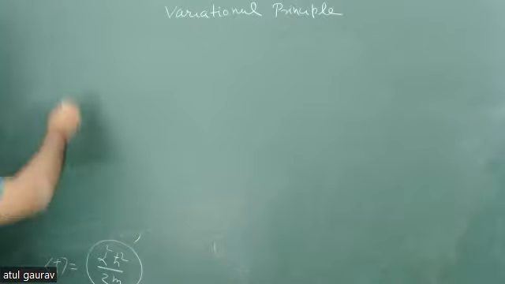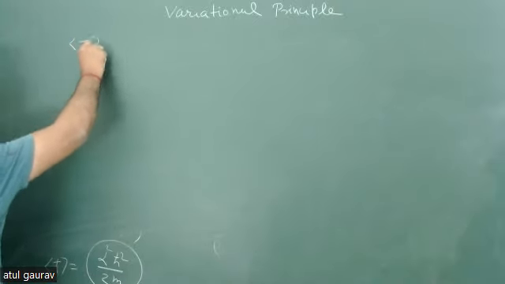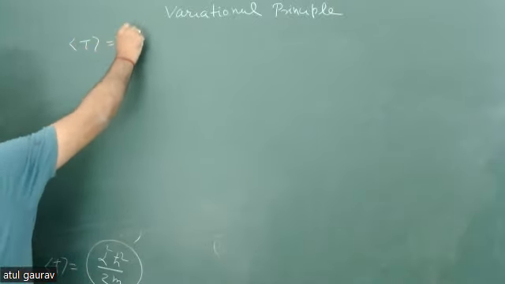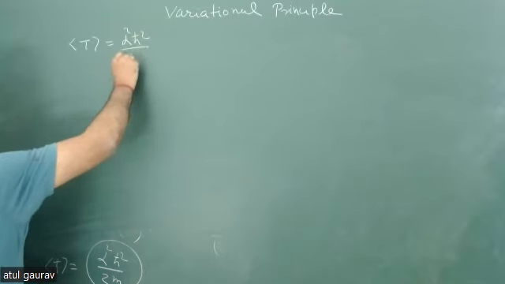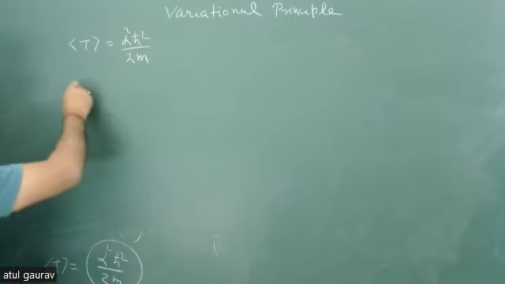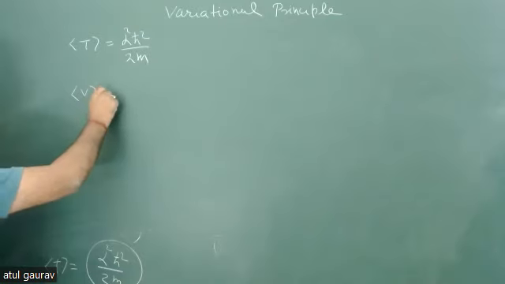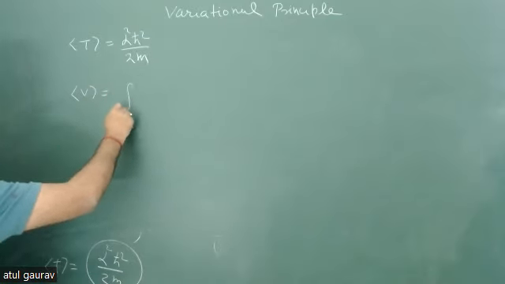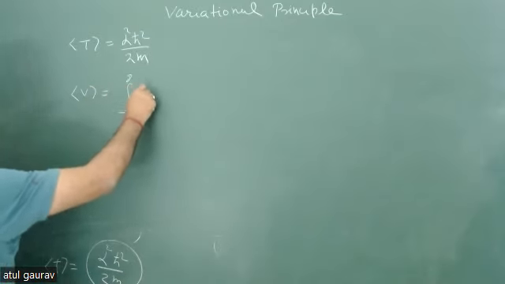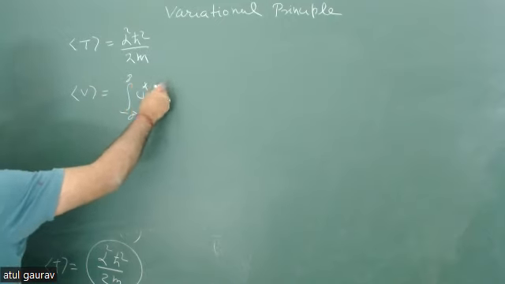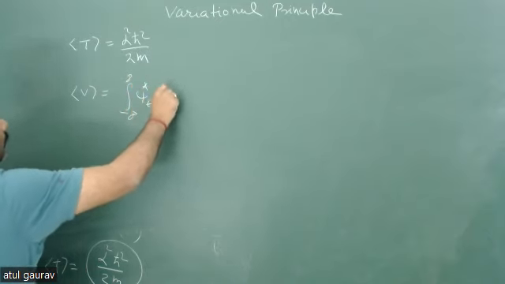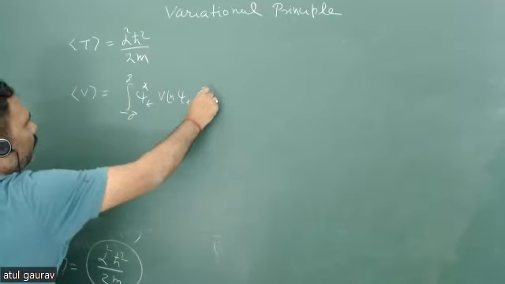So we have calculated kinetic energy. The kinetic energy is equal to alpha square h cut square upon 2m. Now let's calculate the potential energy. The potential energy is nothing but integral from minus infinity to plus infinity of psi star, the potential energy, psi dx.